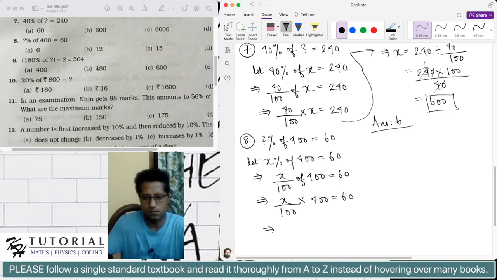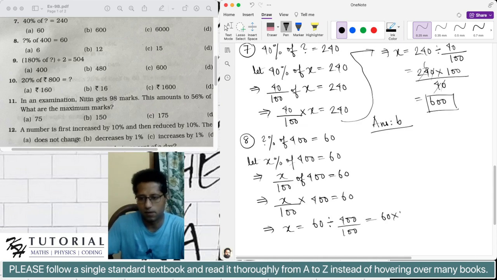So x is equal to 60 divided by 400 by 100. This is equal to 60 multiplied by 100 divided by 400. After cancellation, 100 cancels 400 with 4, and 4 cancels 60 with 15. So this is 15.